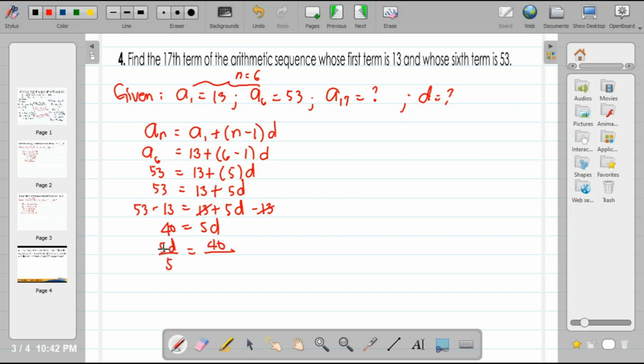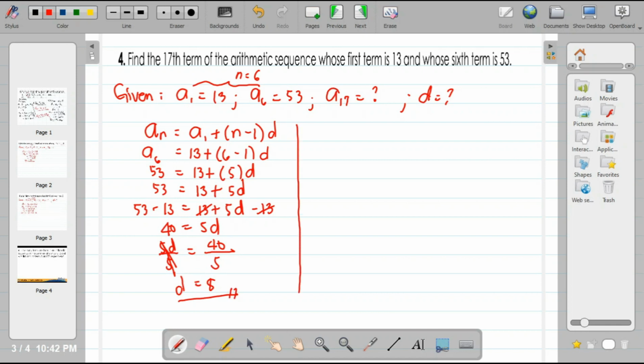So we divide both sides by 5 so that 5 cancels, and what remains is d. And we divide also 5 here again to preserve the equality. So whatever you do on the left side of the equation, you do the same to the right side. So 40 divided by 5, that is equal to 8. So our common difference is 8.